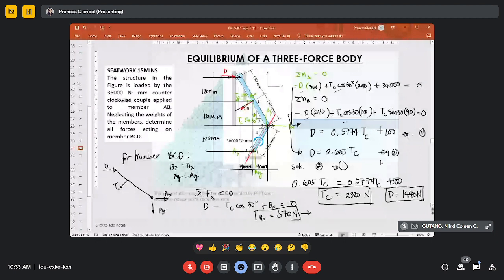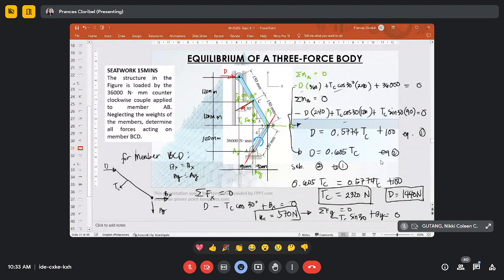Next, summing up forces along y is equal to 0, for the vertical forces: negative TC sine of 30 plus Dy is equal to 0.